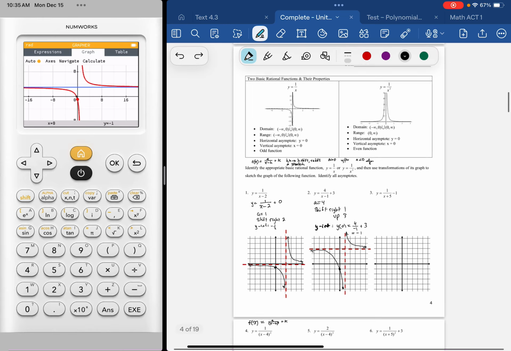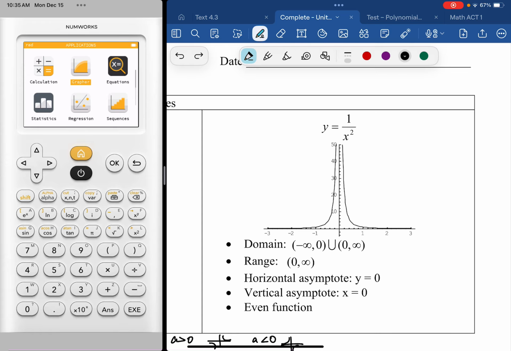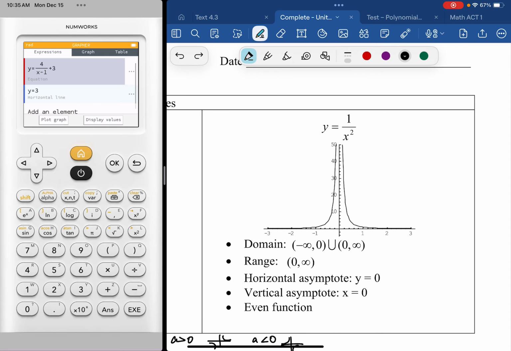So just going back to this diagram here, this is what a 1 over x squared looks like. Let me do a quick parent function here. So 1 over x squared, lock it in.